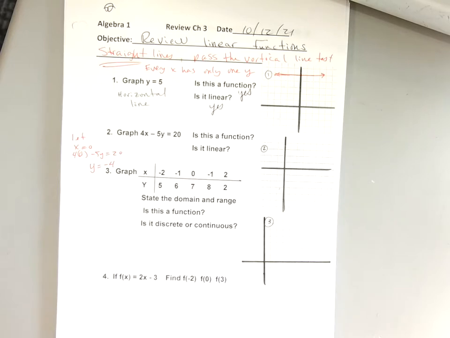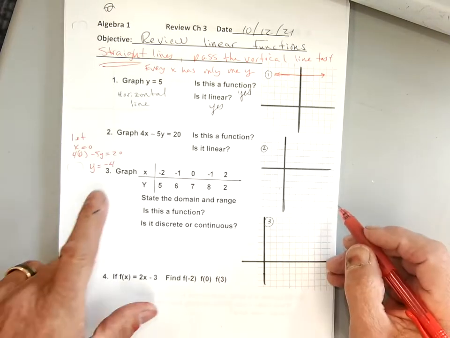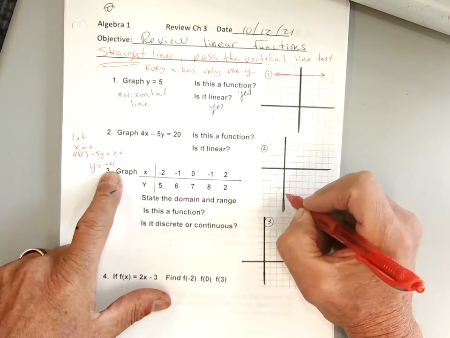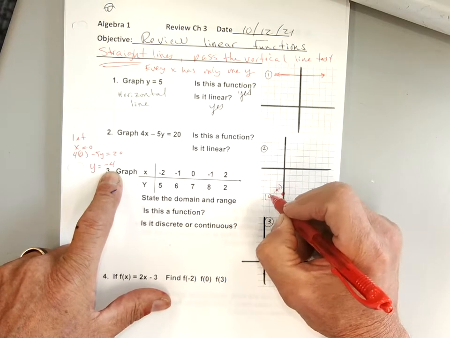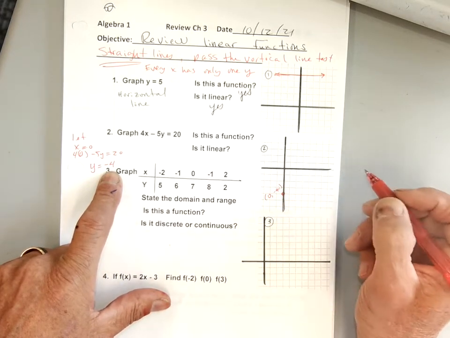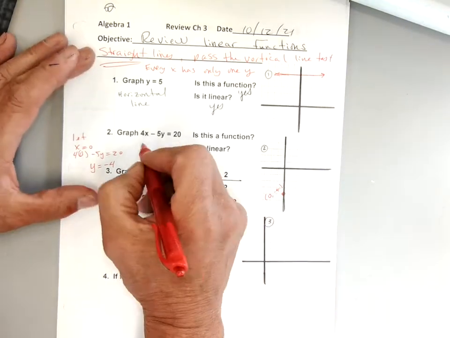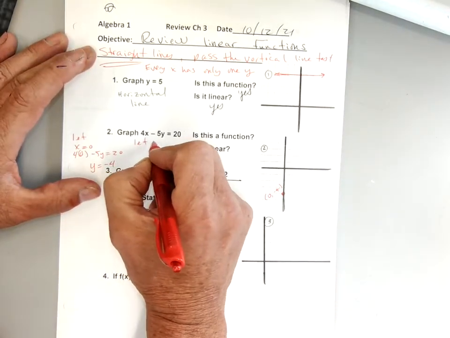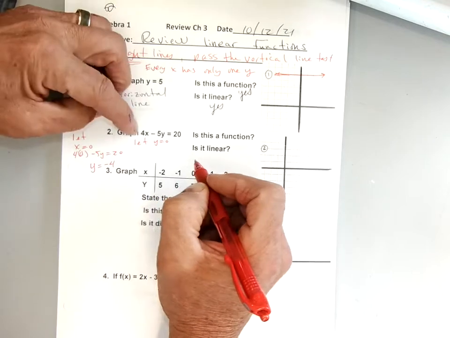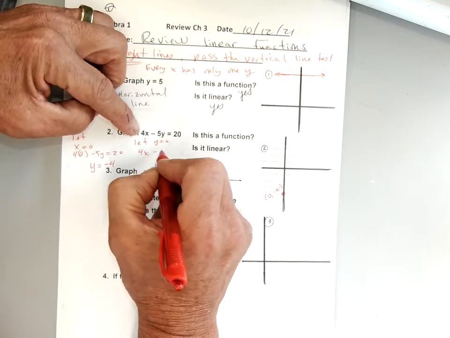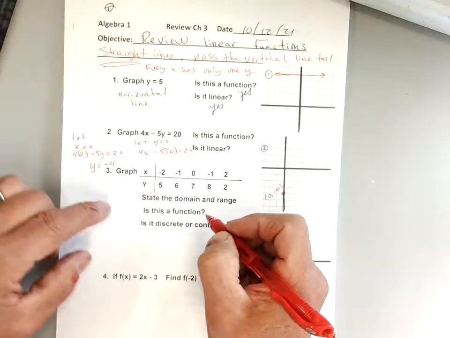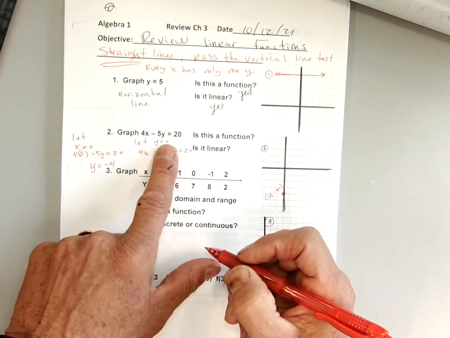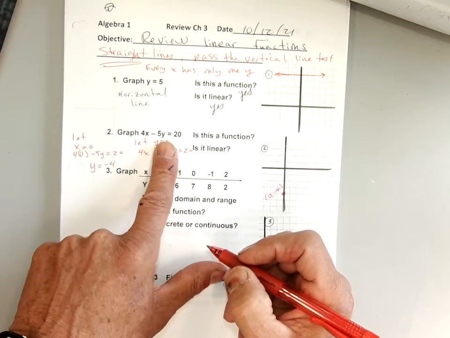So, totally agree. So, one point is at 1, 2, 3, 4, (0, -4). And then if we let y equal 0, we'd have 4x minus 5 times 0 equals 20, which is the same thing as 4x equals 20, or x equals 5.